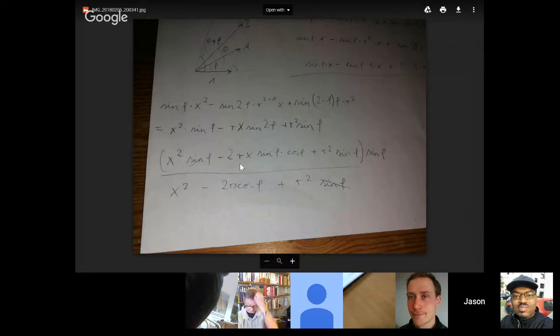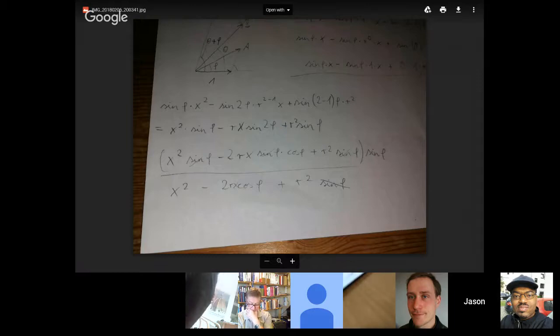And so I figured out that something is pretty similar. We have the term x squared in the beginning, the term r squared at the end, and in the middle we have rx.